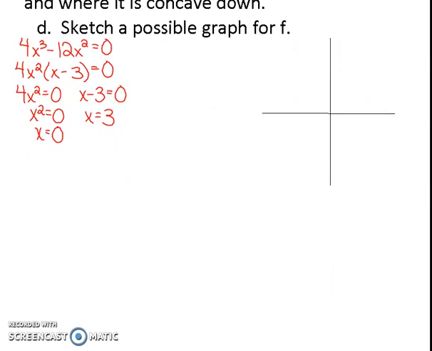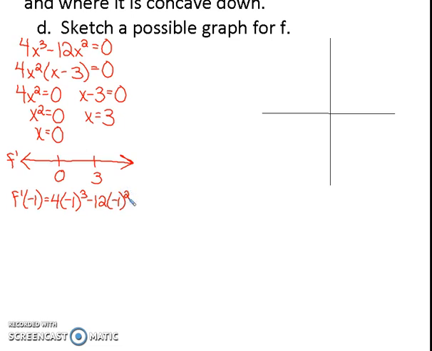We would then create a sign line for the first derivative and substitute numbers from each of those intervals into the first derivative. So for example, -1. And we would get -4 minus 12, so we would get a negative number for the first interval.